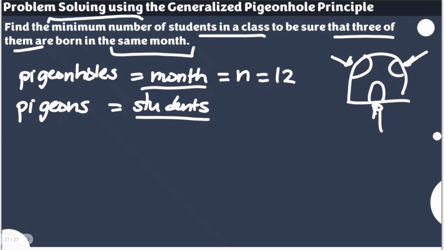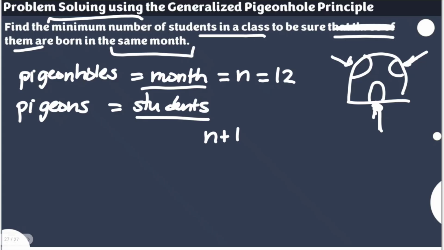Just like here, we'll be counting the number of pigeons passing through the same hole, because the hole would be our months. Now, when I talk about pigeons and pigeonholes in the non-generalized case, we know that the pigeons should be n plus 1.